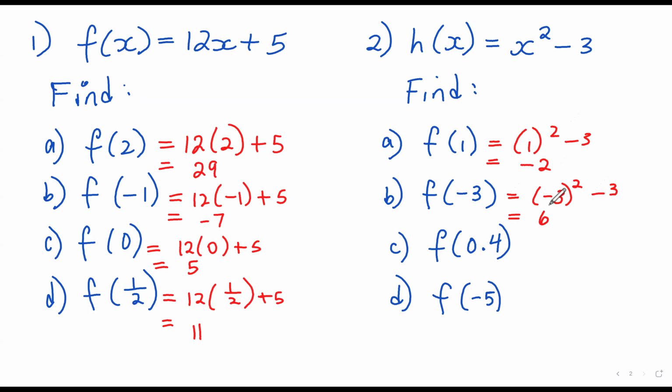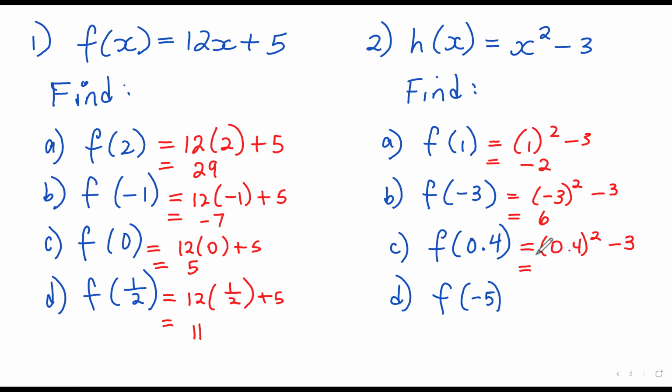All right? So make sure when you are writing it down, especially for squaring, make sure you put it in brackets like that. Okay, so that would be minus 3 squared, which is 9, and then 9 take away 3 is 6.